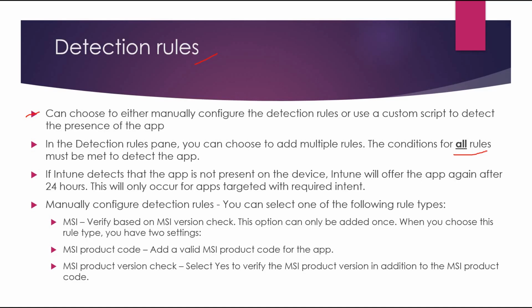What it means is, let's just say the detection rule says that inside C drive temp a folder should be present, which means that the application is installed, or a specific registry should be present, or a specific file should be present. This is not there right now. What we have is AND. So if we have specified multiple detection rules, and if all of them are met, only then IME detects the app as successfully installed.